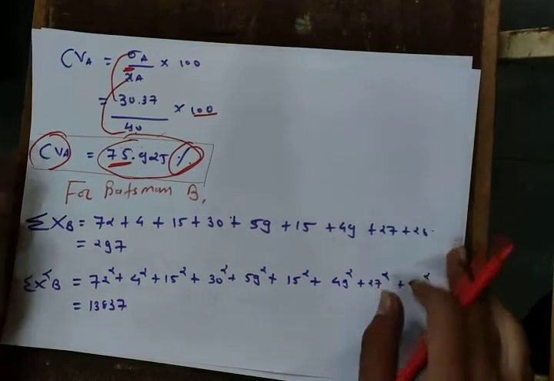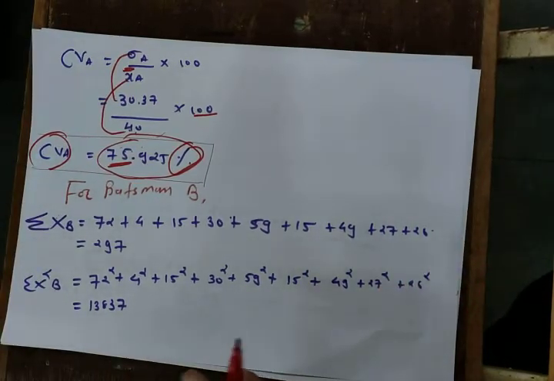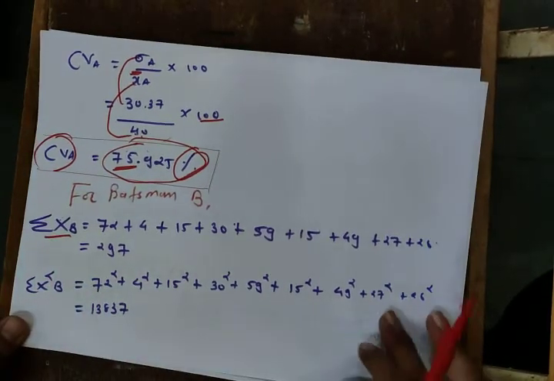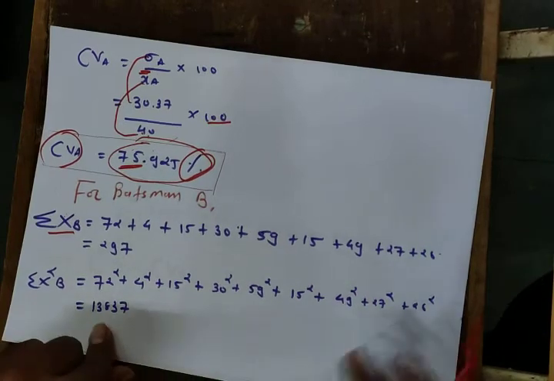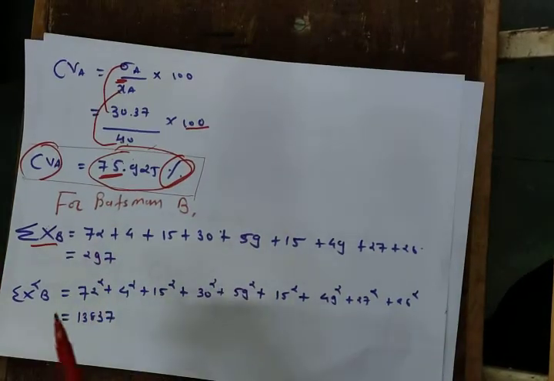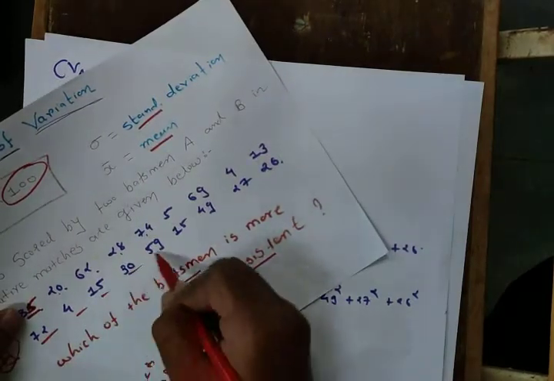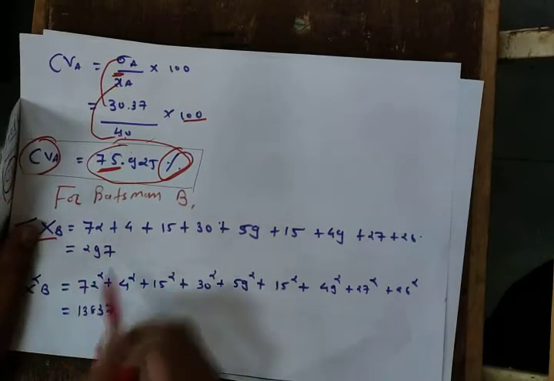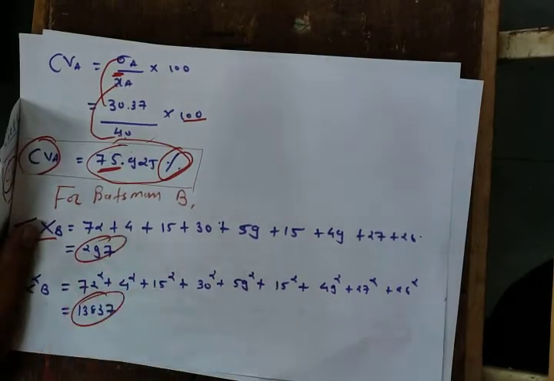Okay, the variation is 75%. Then I will find it for B with the same process. First find sigma x B, the total summation of the values of B, then the summation of their squares, and its simplification.